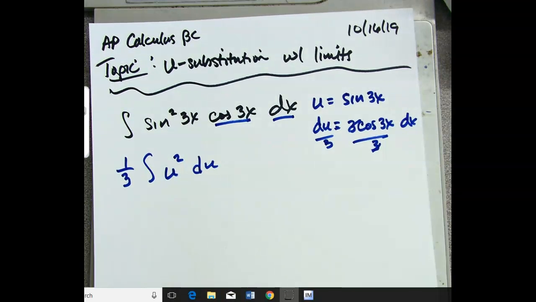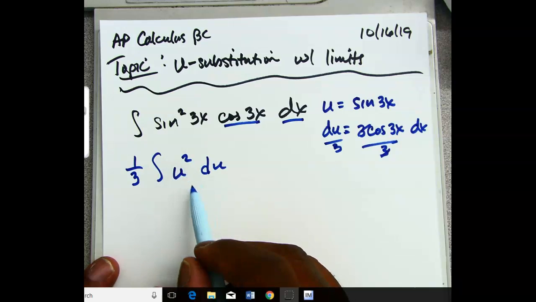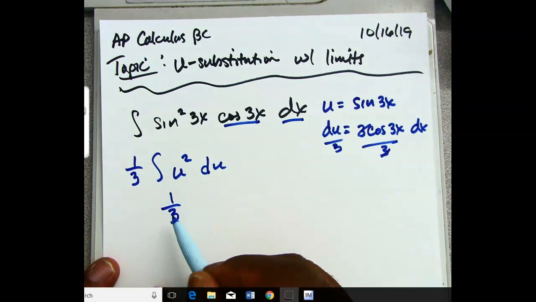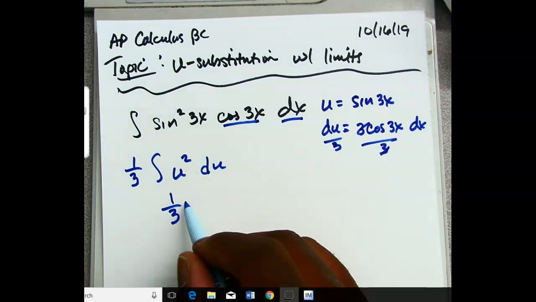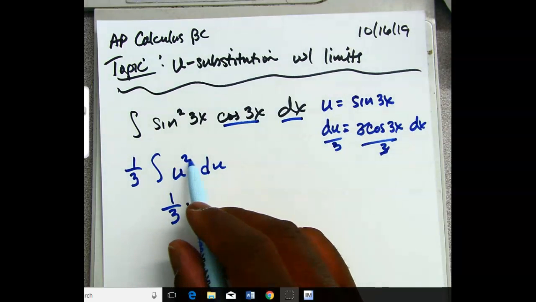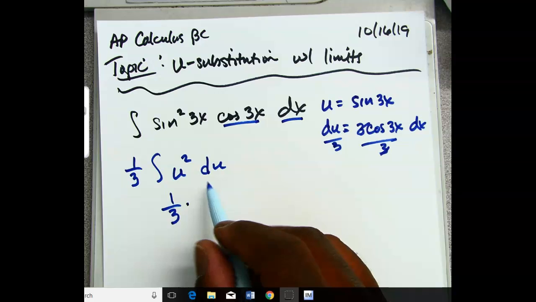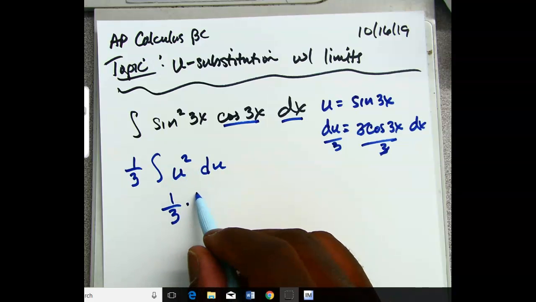Okay, so now we're set. All we have to do is take the integral of u squared. What's the integral of u squared? 1/3 u to the 2 plus 1, u cubed, over 2 plus 1.